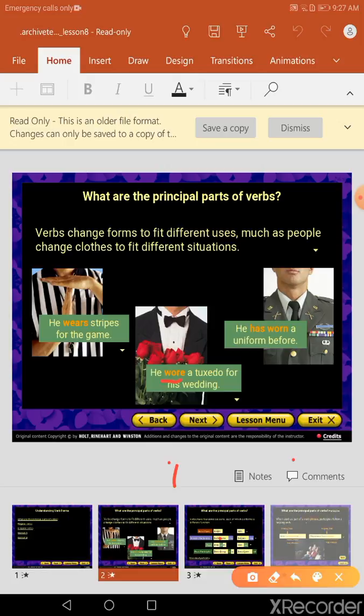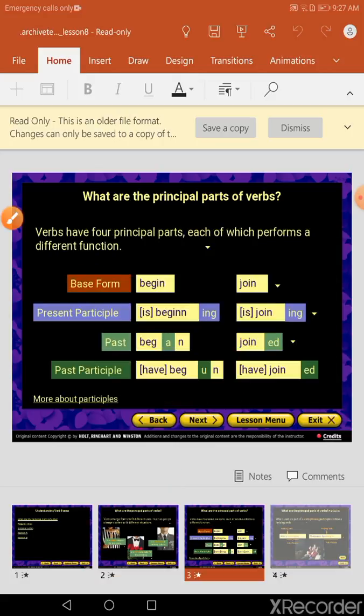The next point. We have four principal parts, each of which performs a different function. So we have the base form, present participle, past and past participle. We have two examples here. The verb begin.